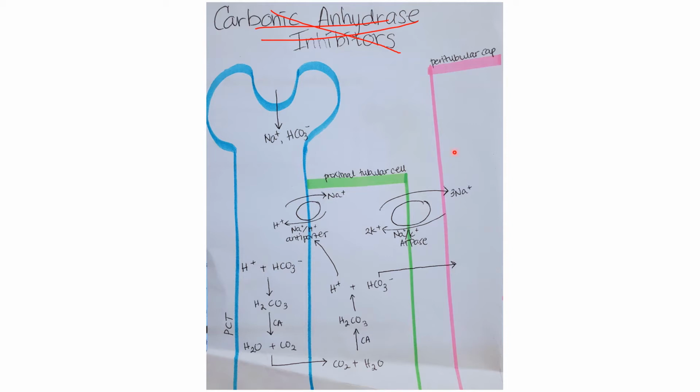Because sodium is being reabsorbed into the peritubular capillaries, we are creating a deficiency of sodium inside the cell. This deficiency in sodium inside the tubular cell increases the driving force for sodium to be reabsorbed from the tubule into the cell.